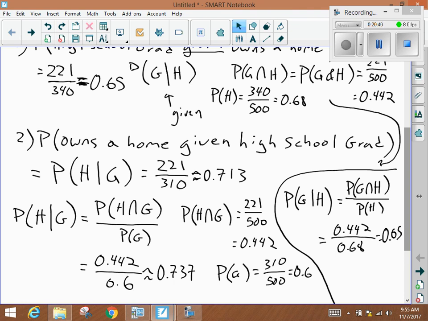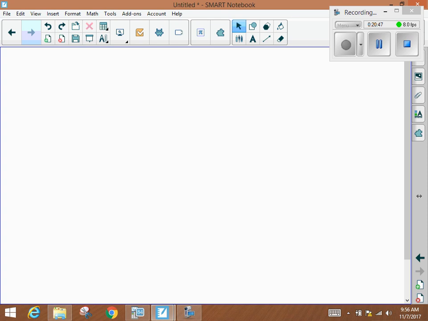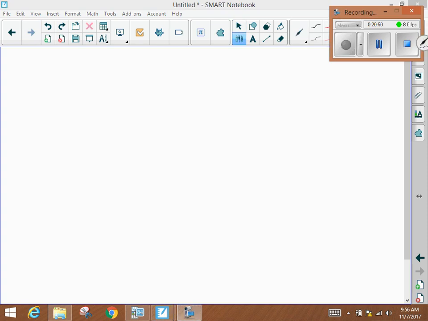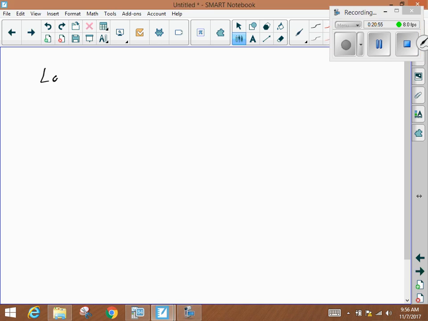So, moving right along. New table. We're looking at phone usage. So I got a two-way table. I have landline usage versus people that don't have a landline. Do you guys have landlines? I don't have a landline. And a cell phone.